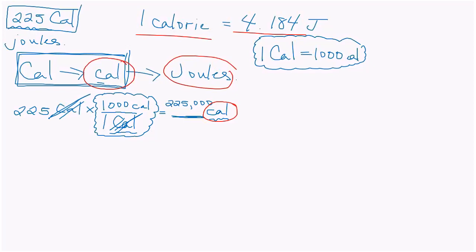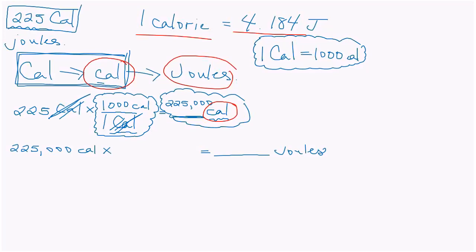So when I set that up, I start with what I'm given, or what I figured out, which is my little calories. So I'm going to go 225,000 little calories, and I want to figure out how many joules that is. So that's my unknown.